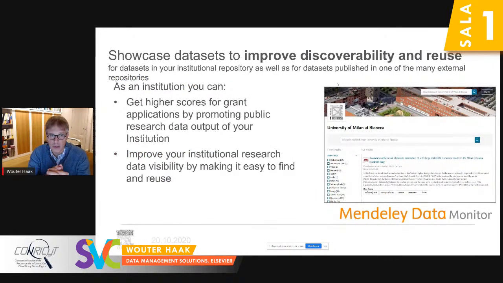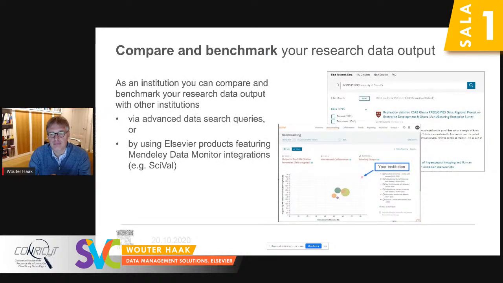Why is this helpful? Well, you can showcase your data and attract more collaborations. It improves your visibility. We can also help you understand where you stand relative to other institutions.